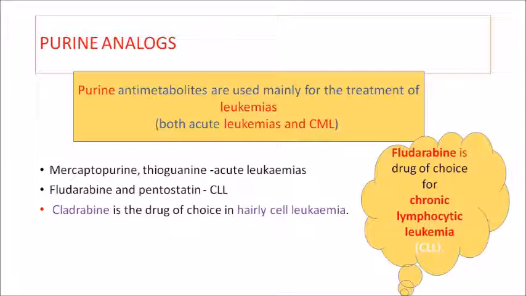Mercaptopurine, thioguanine, cladribine, and pentostatin. So mercaptopurine and thioguanine are used to treat acute leukemias, Mammootty and Tovino. Fludarabine and pentostatin are used to treat CLL. And cladribine is considered the drug of choice for hairy cell leukemia. This also has been seen in question papers. Cladribine is the drug of choice for hairy cell leukemia.